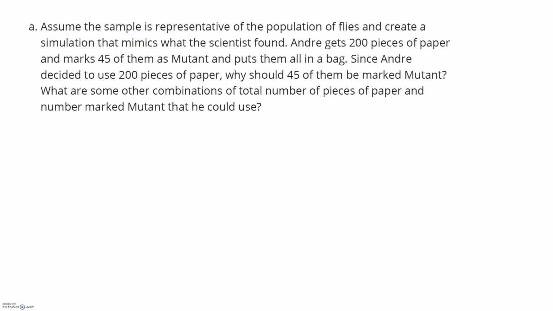Okay, so first of all, he doesn't want to kill a bunch of flies, okay? But if you think about it, the nice thing about proportions is, first of all, do numbers have an end? Do numbers end?